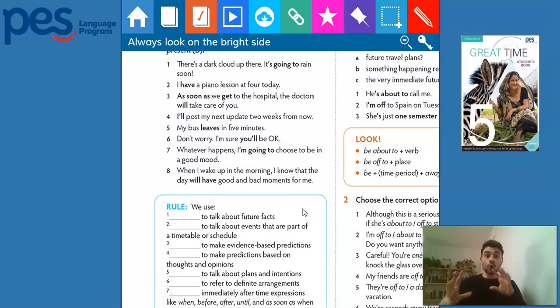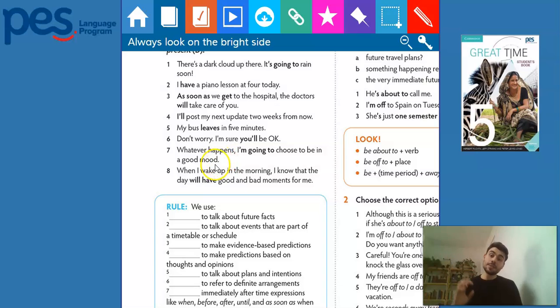Okay? So, could you understand how I want you to perform this exercise? That's what you're going to do now. You are going to analyze sentences 1 to 8 and check the forms here. So you have going to, you have the simple present over here, simple present over here, will, simple present, will again, going to, and will again.